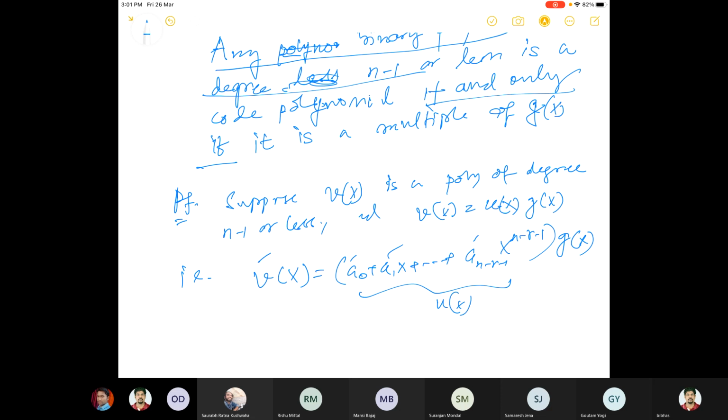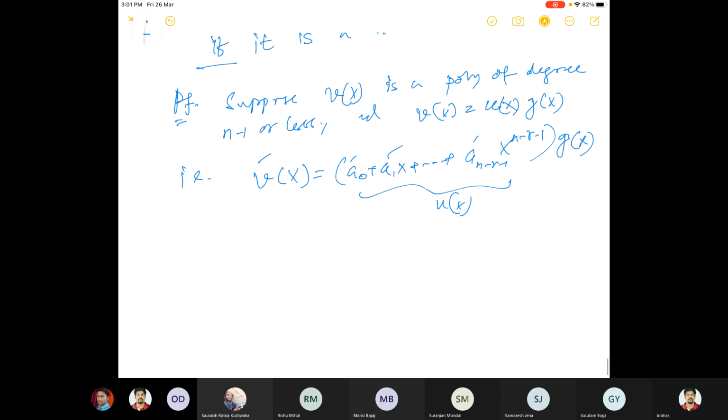So if I write that, this will be a0 g(x) plus a1 x g(x) plus dot dot dot plus a(n minus r minus 1) x to the power n minus r minus 1 times g(x).